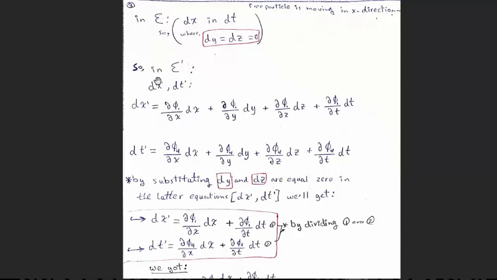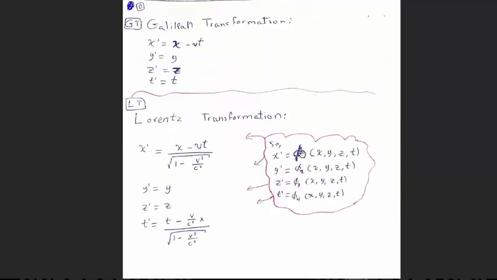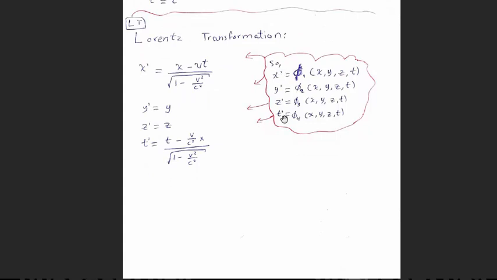When we consider this free particle motion in the frame sigma dash, we will calculate dx dash and dt dash. In the situation we are talking about right now, y dash and z dash are equal to 0, so only x dash and t dash have values.